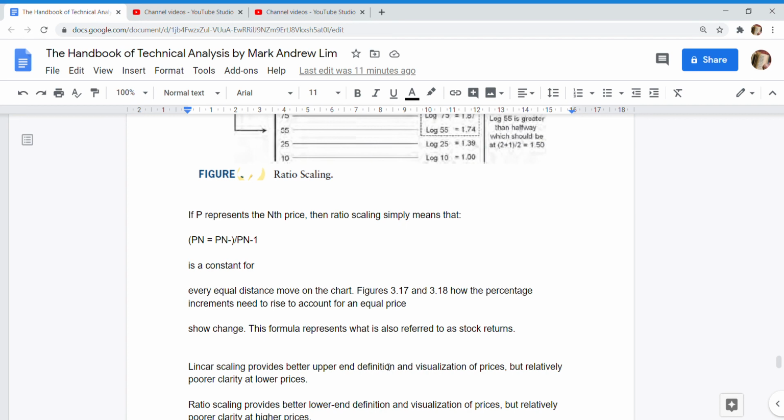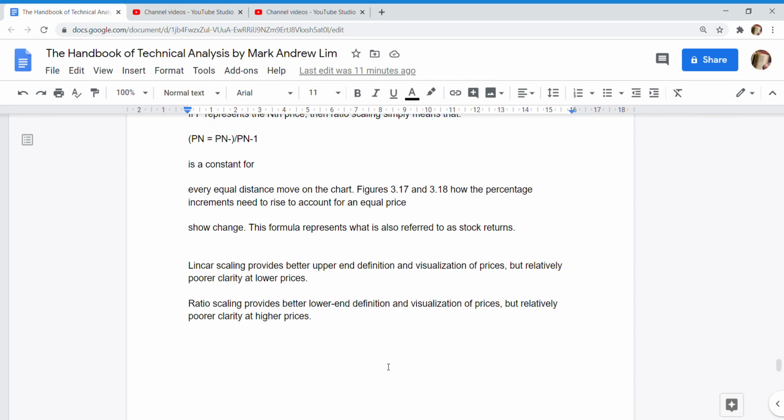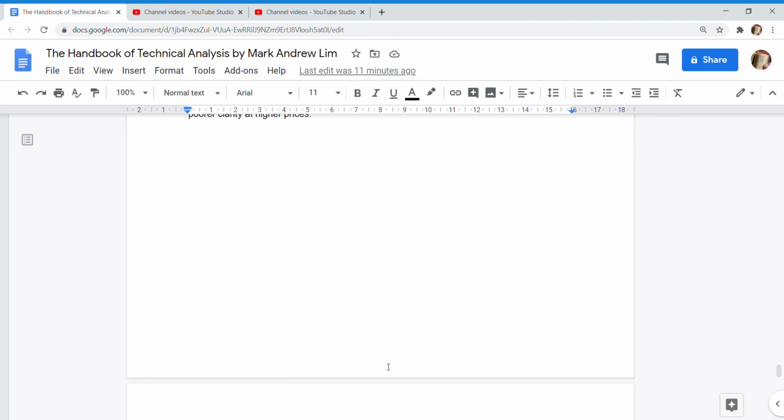Linear scaling provides better upper end definition and visualization of prices, but relatively poorer clarity at lower prices. Ratio scaling provides better lower end definition and visualization of prices, but relatively poorer clarity at higher prices.